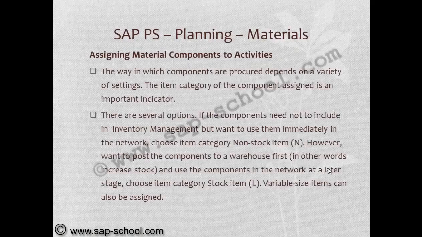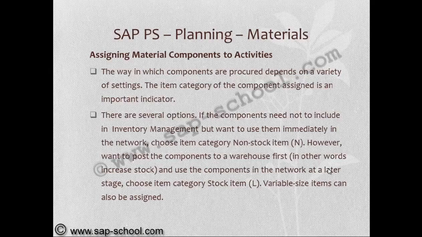The way in which components are procured depends upon a variety of settings. The item category of the component assigned is an important indicator. There are several options. If the components need not be included in network inventory management but we want to use them immediately in the network, choose item category non-stock item.